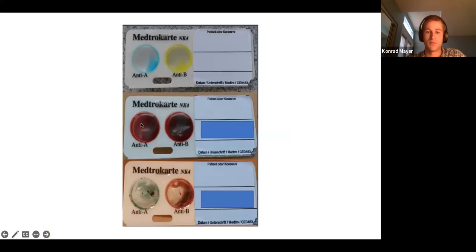What blood group does this person have in the middle bedside test? Perfect, O. Yes, O, because there is no agglutination. So what you see is what you get. We see no agglutination, so their blood group is O.